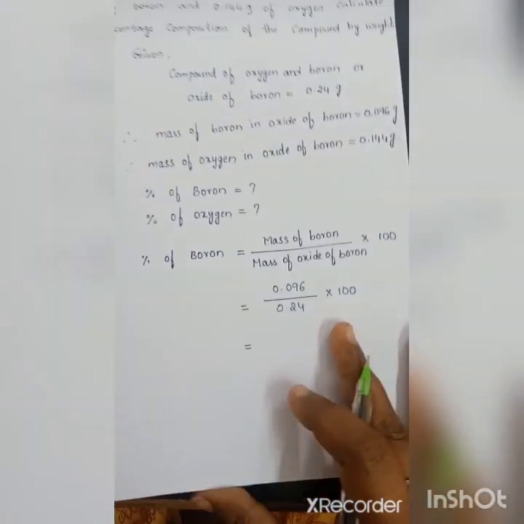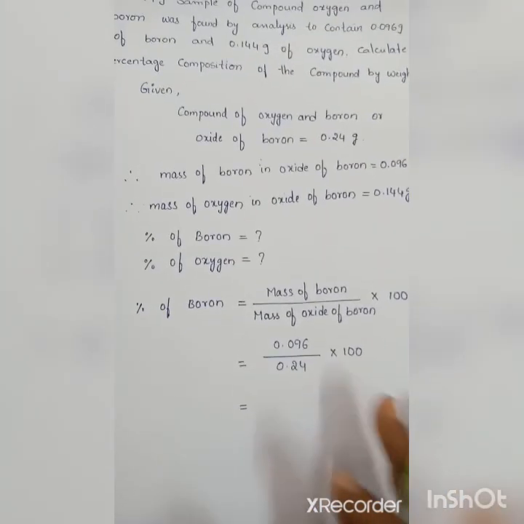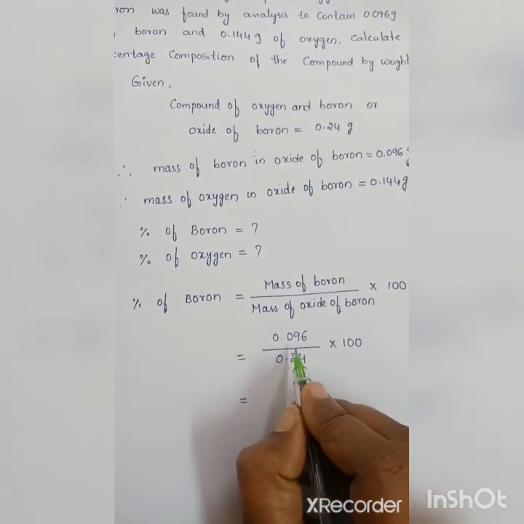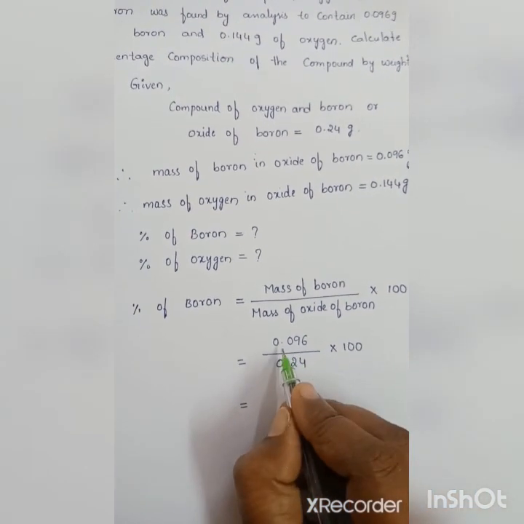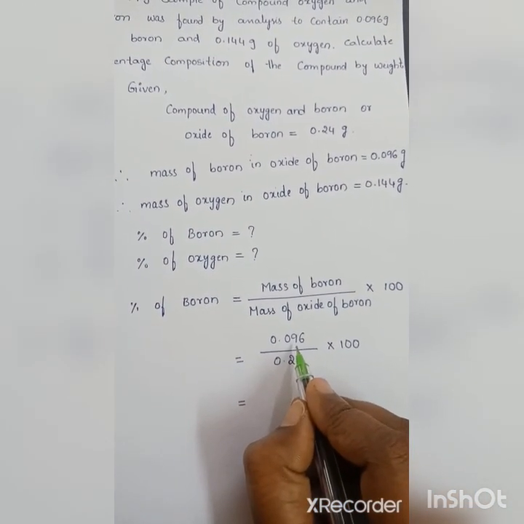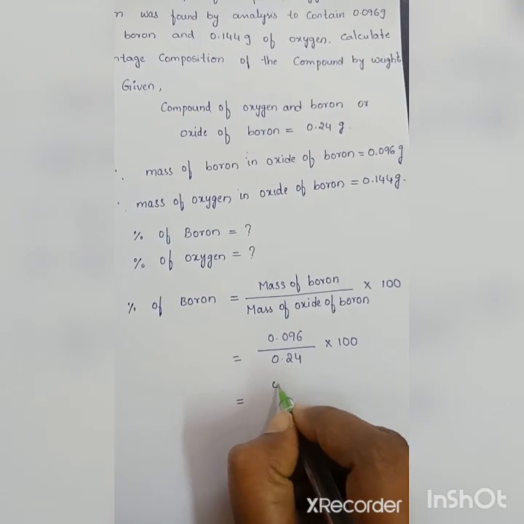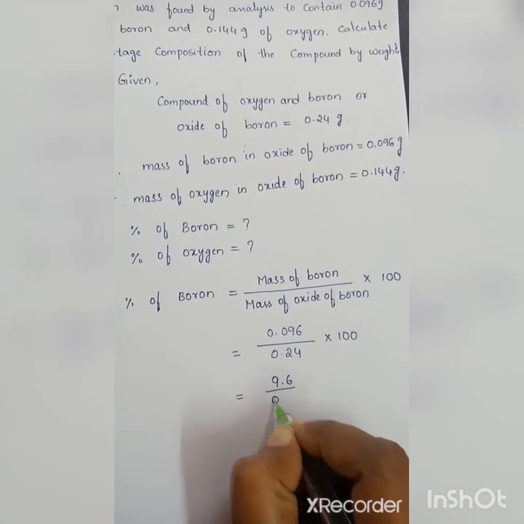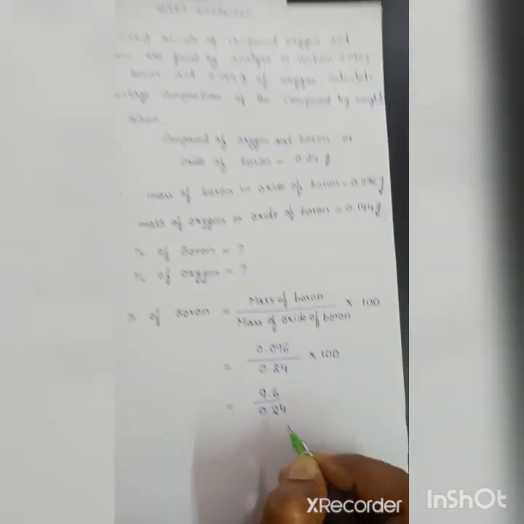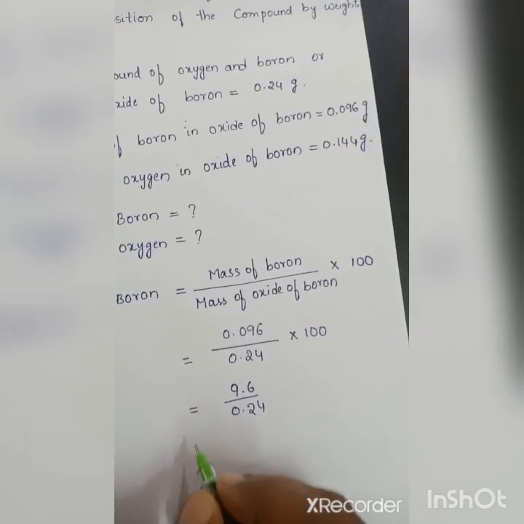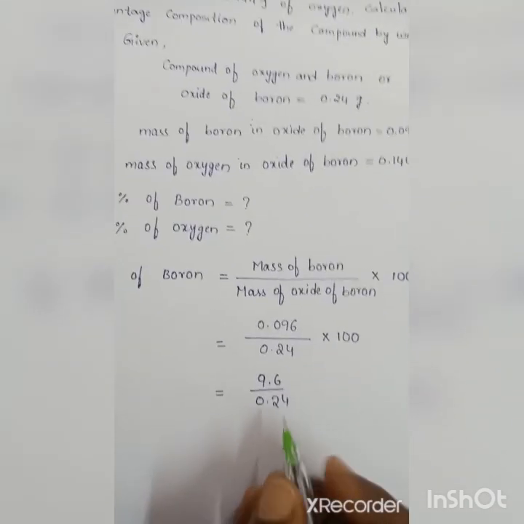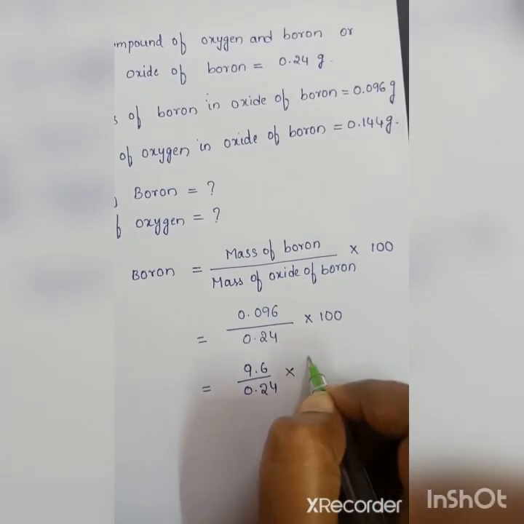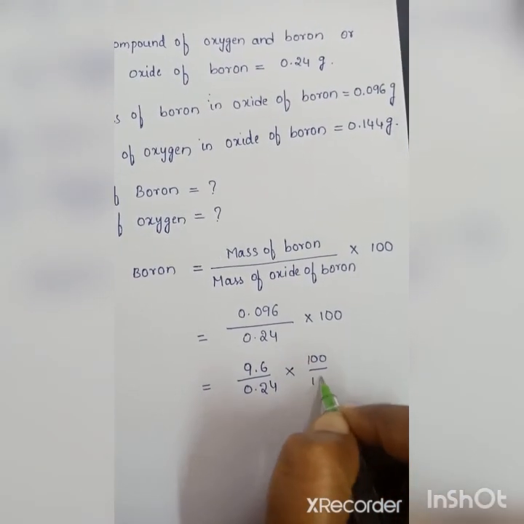Now simplify this. In order to simplify, first it is better to remove the points. So here multiply the numerator with 100. If you multiply it with 100, the point moves 2 digits towards the right side. That is 9.6 by 0.24. In order to make it simpler, we need to remove the points. It will be easier if you remove points, so multiply and divide it with 100, that is 100 by 100.